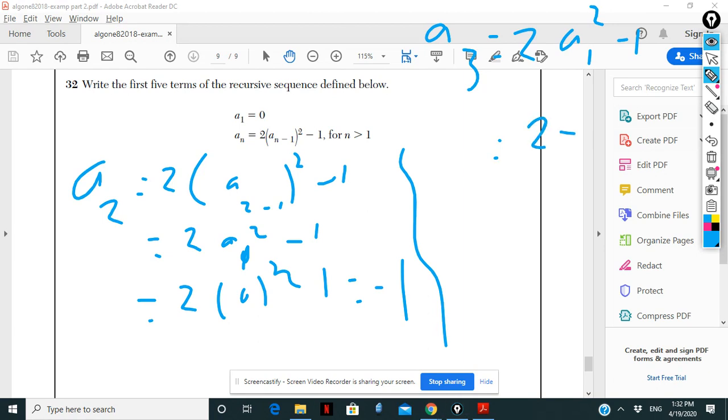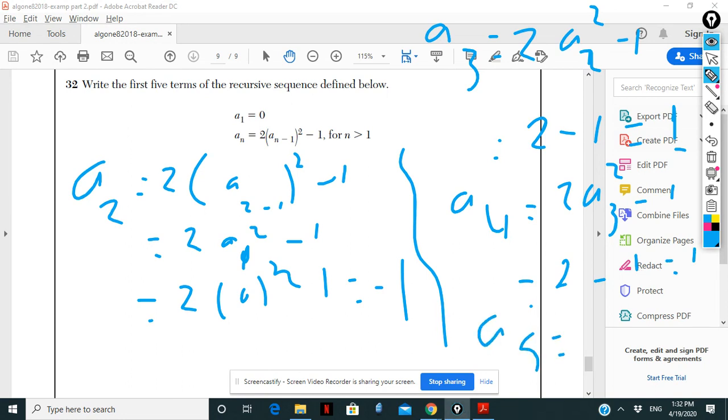So it's 2 minus 1, giving me 1. a4 is 2 a3 squared minus 1. So it's 2 minus 1, giving me 1. That's about the a5. So it's 2 a4 squared minus 1. So it's 2 minus 1, giving me 1. So the terms are 0, negative 1, 1, 1, 1.